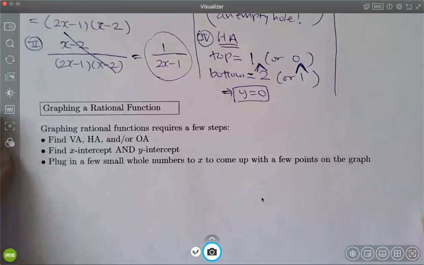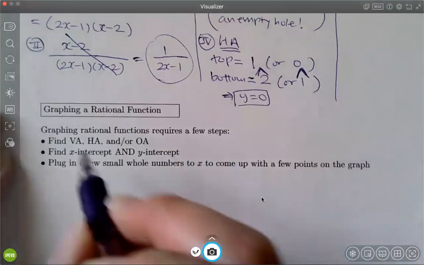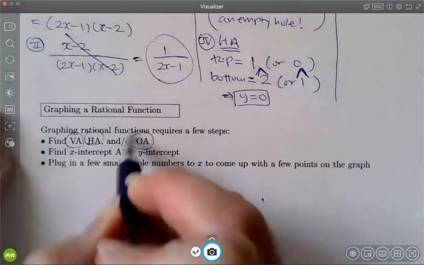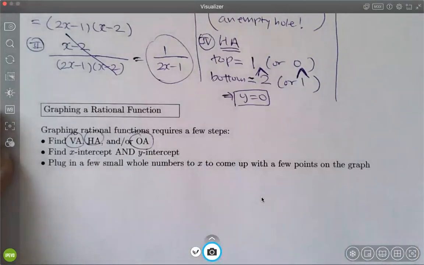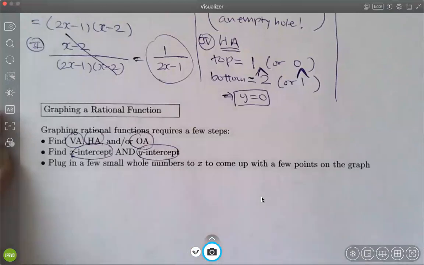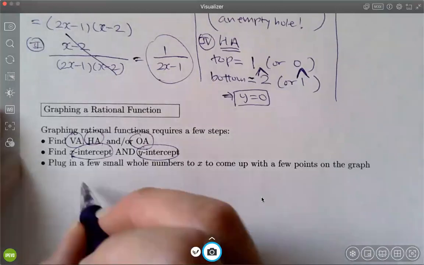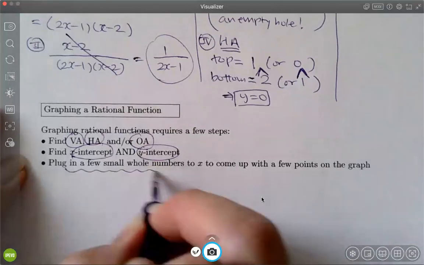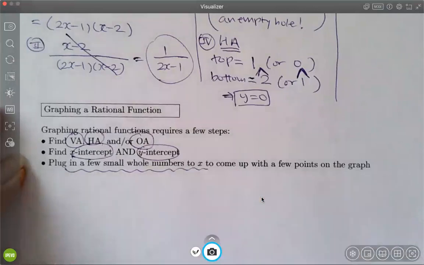So first, we will find all of the asymptotes. And then number 2, we will find a few points. Two of the points are fairly easy to find, x-intercept and y-intercept. And then we plug in a few small whole numbers for x to come up with several other points.